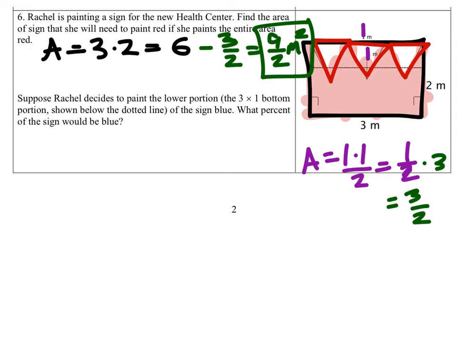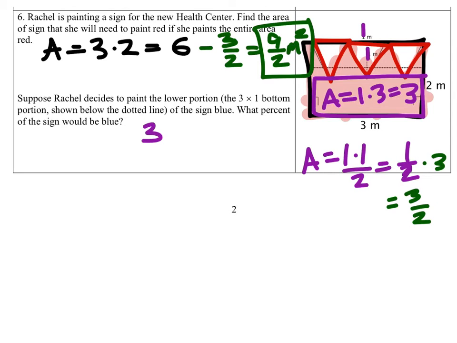But it's saying, what if she cuts it off and then paints this rectangle a purplish color? Well, the area of that is a 1 by 3 rectangle, which is 3. So what percent of that would be that purple color?